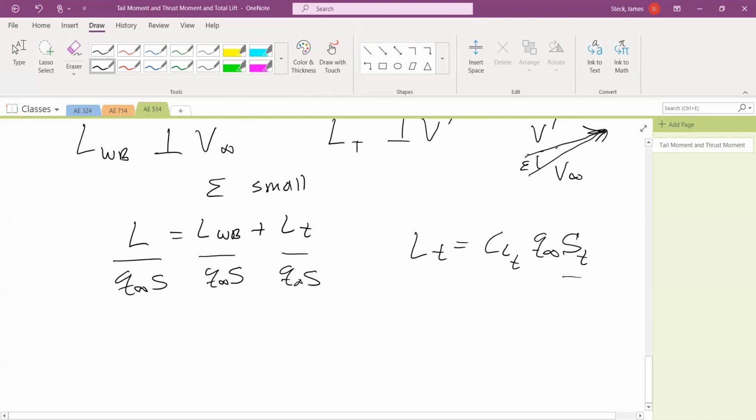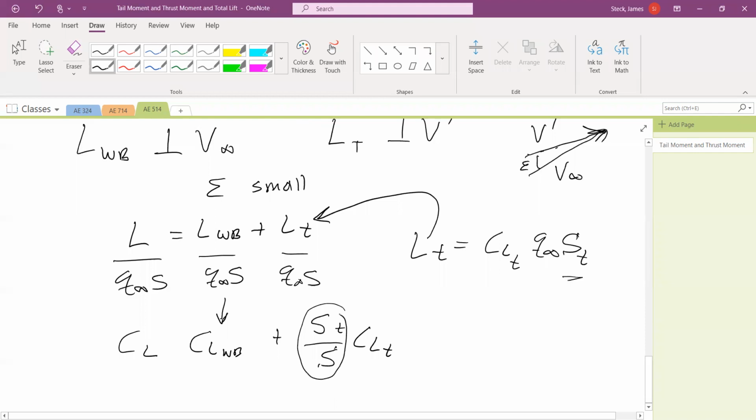So we have to multiply by its area to get the total lift. So we're going to end up with, once we substitute this in here, this becomes the coefficient. Q infinities cancel out. Then we end up with this tail area ratio that always shows up. It showed up in the pitching moment. Remember when we saw that? It shows up here.